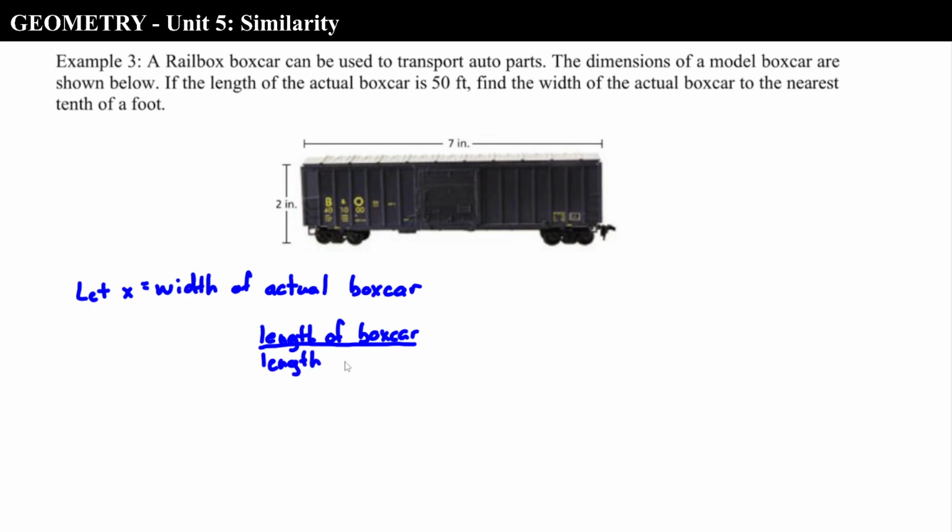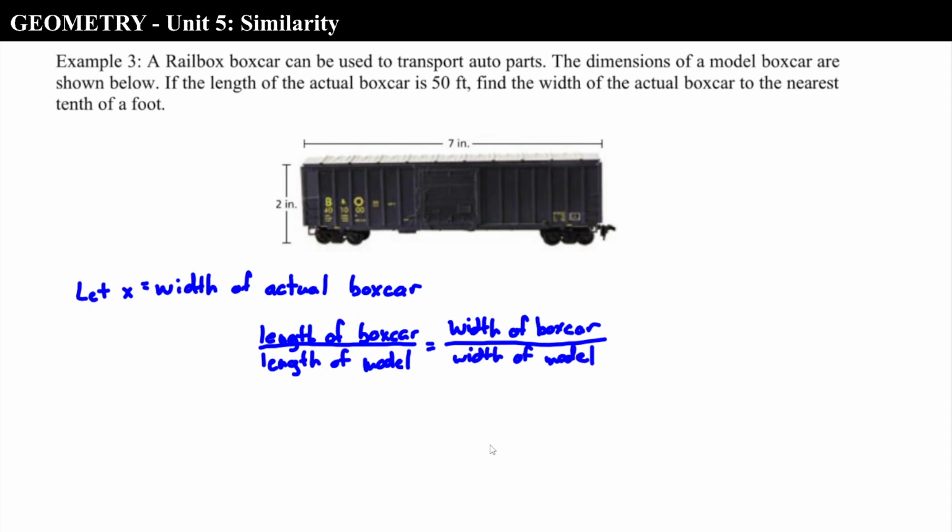Okay, we're comparing that similar side, and we're going to set that equal to the width of the boxcar, again talking about the real thing here, over the width of the model.